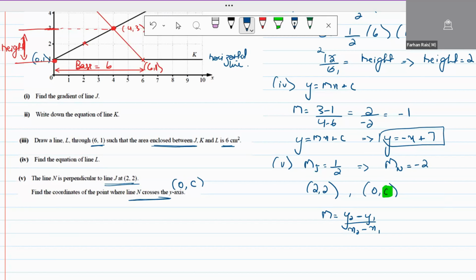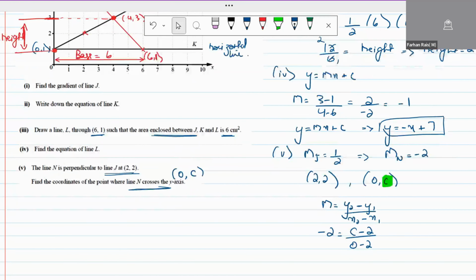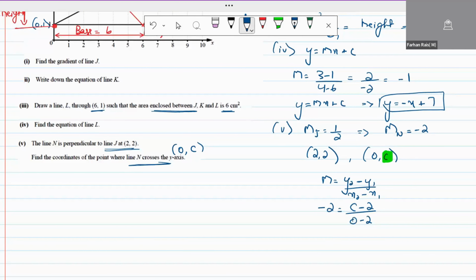In place of gradient, we'll use the gradient of line N, which is -2, is equal to c minus 2 upon 0 minus 2. So -2 is equal to c minus 2 upon -2.